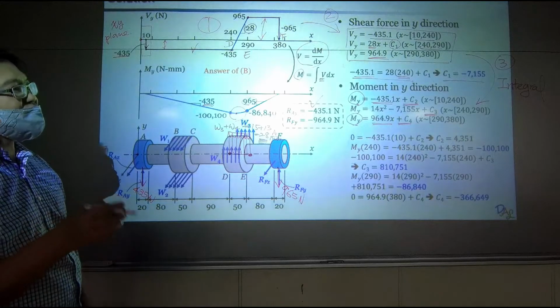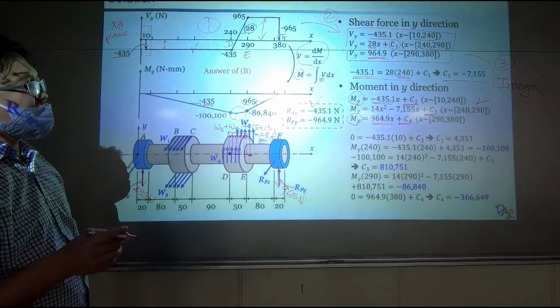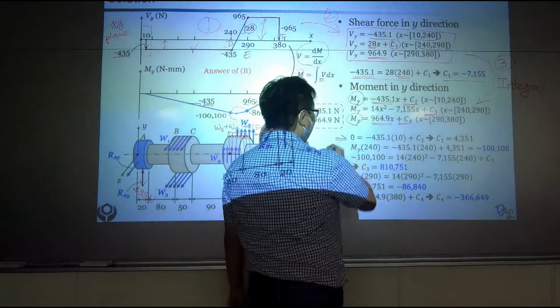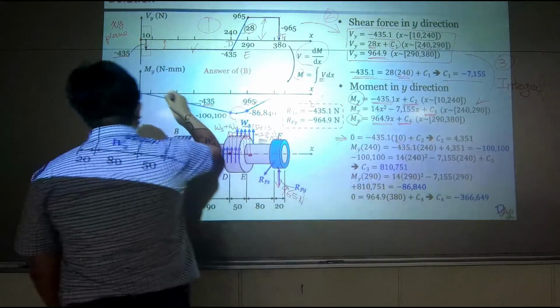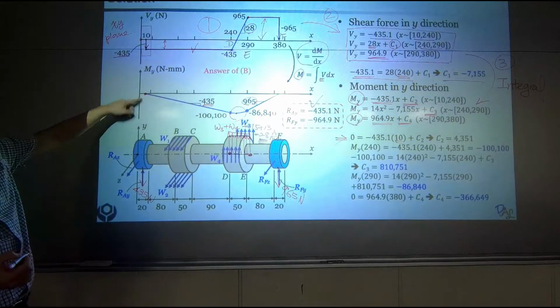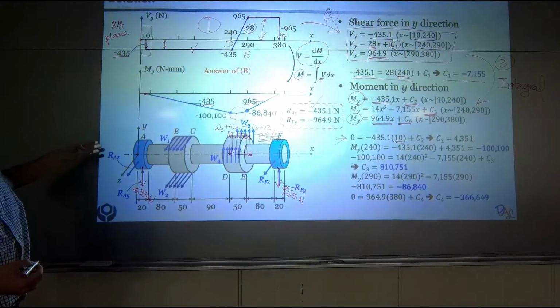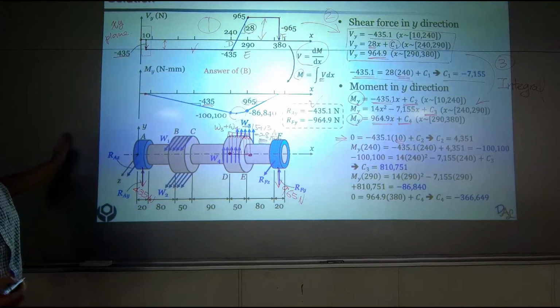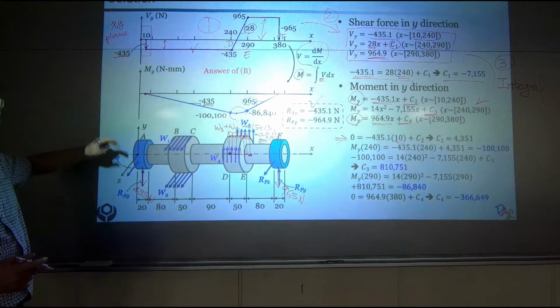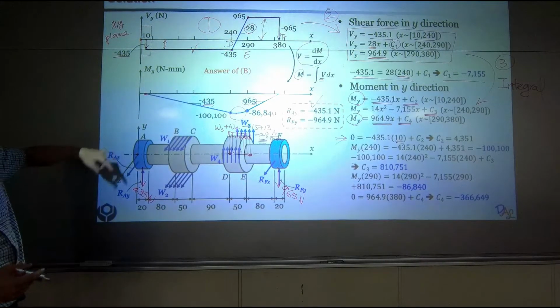So the first two conditions that we use, the first one is right here. Because right at the edge, there's no bending. There's no material on the left-hand side. And there's no twisting, sorry, there's no twisting.